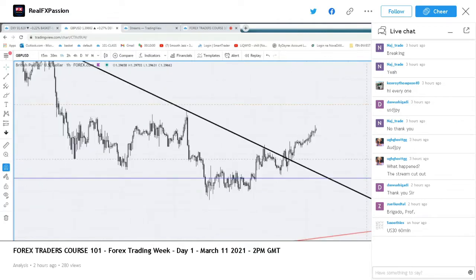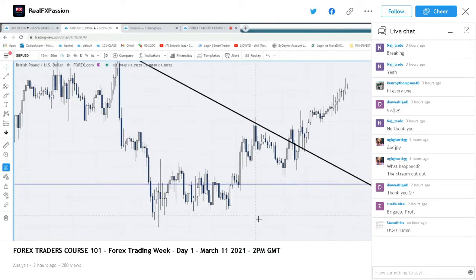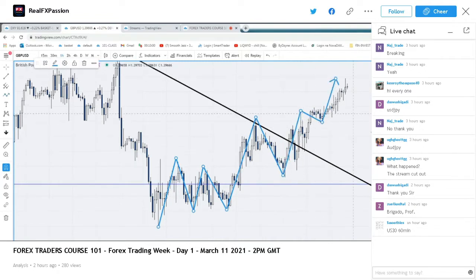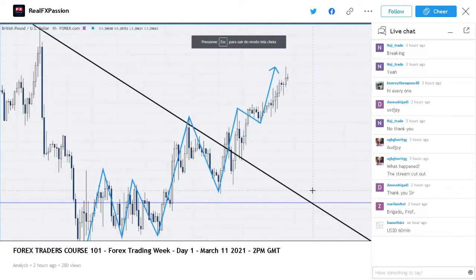So short term, right? What is the market doing short term, everybody? Do we agree that the market's making higher highs, higher lows on the GBP/USD 1 hour chart?